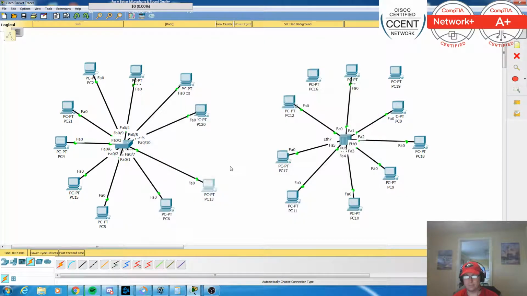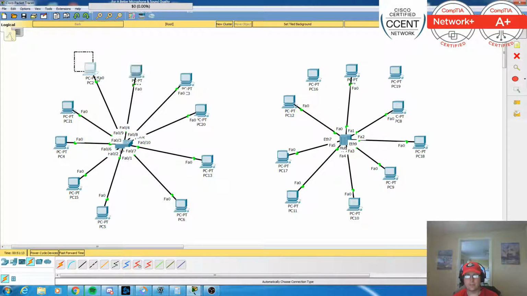I'll give you a minute. Alright, so let's answer it. We've got 1, 2, 3, 4, 5, 6, 7, 8, 9, 10. So we have 10, 11. 11 collision domains exist in this drawing.